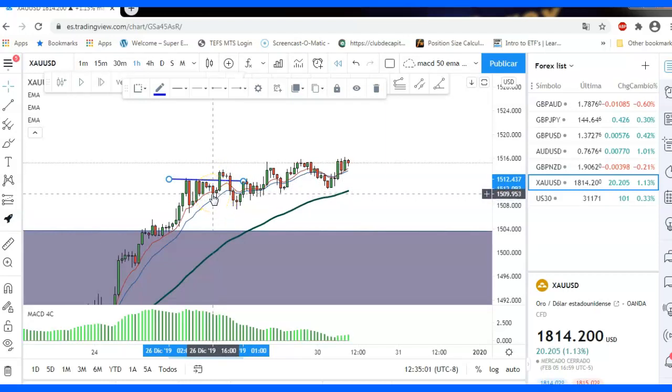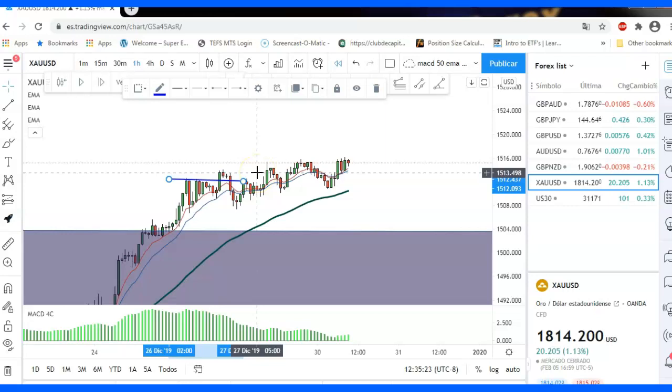At that time, I start to get suspicious because this can change the trend. It can easily go and break this low. If it breaks this low after this move, that means it's probably going to continue lower. In this case, it just came down and then started going up again.